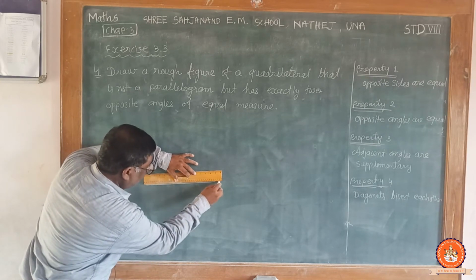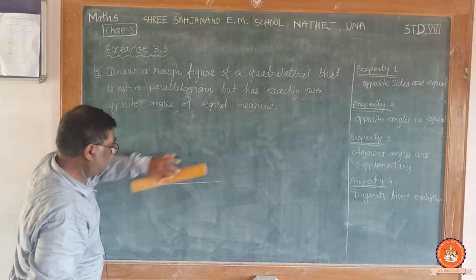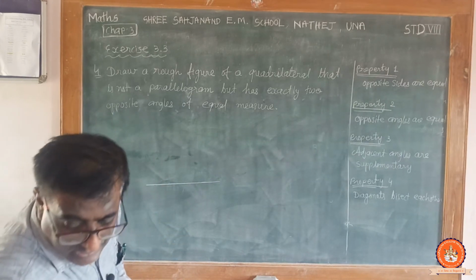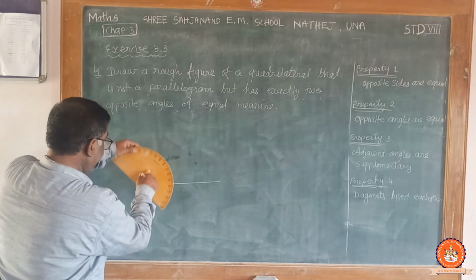ओके, opposite angles. Now मुझे एक एंगल बनाना है, ये यहाँ से A एंगल मैं 70 डिग्री का बनाता हूँ.